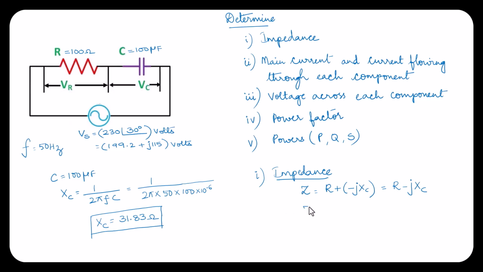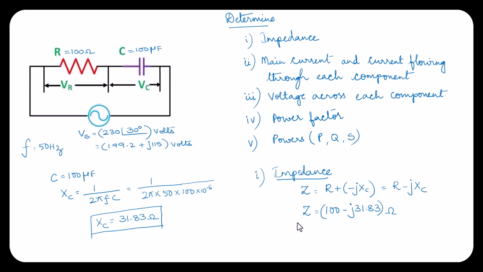So impedance of this circuit will be R is given as 100 minus J 31.83. So Z is given as 100 minus J 31.83 ohms. So this is in rectangular form.